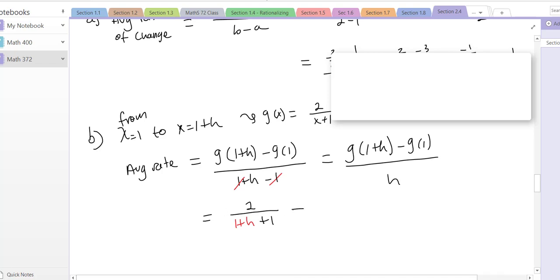plus 1, minus g of 1. G of 1 is 2 over the input, which is 1 plus 1, divided by h, as we did it here. So then we have 2 over 2 plus h, combine like terms. 1 plus 1 is 2, and this is minus 1 over h.